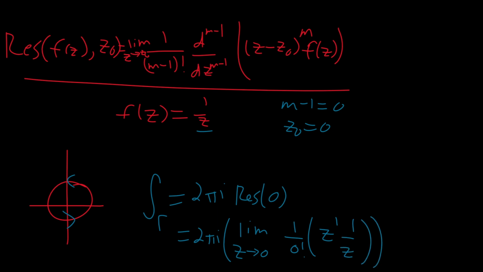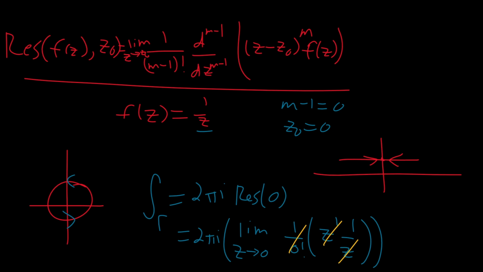This is quite easy to evaluate because the z's cancel. 0 factorial is just 1. So it's the limit as z approaches 0 of 1, and that's just going to be 1, because it's a constant function, as we approach 0 from any direction.